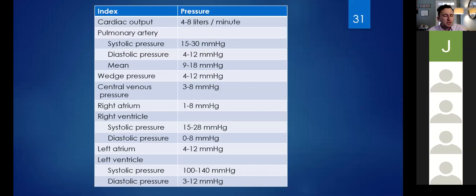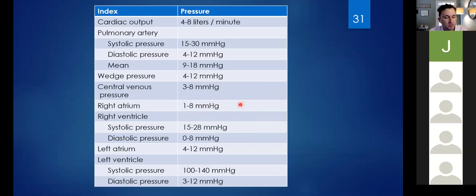Like I said, the central venous pressure is low, and sometimes that phrase confuses people, but essentially if you were to stick a pressure catheter into the IVC, it's going to give you your central venous pressure. And notice that the central venous pressure, along with the right atrial pressure and the right ventricular end diastolic pressure, are all roughly the same, between 0 and 8.